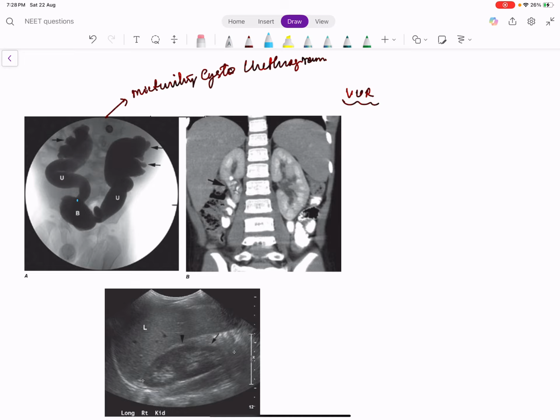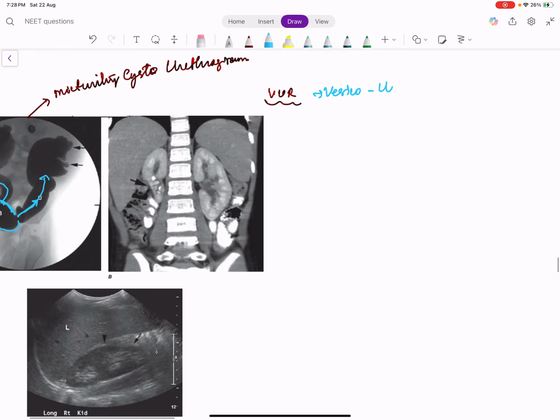When the child is voiding, normally urine should go only through the urethra. Nothing should enter the ureter. But here, from the urinary bladder, urine is going back into the ureter and causing dilation. So this is called vesicoureteric reflux, that is, urinary bladder to ureteric reflux.